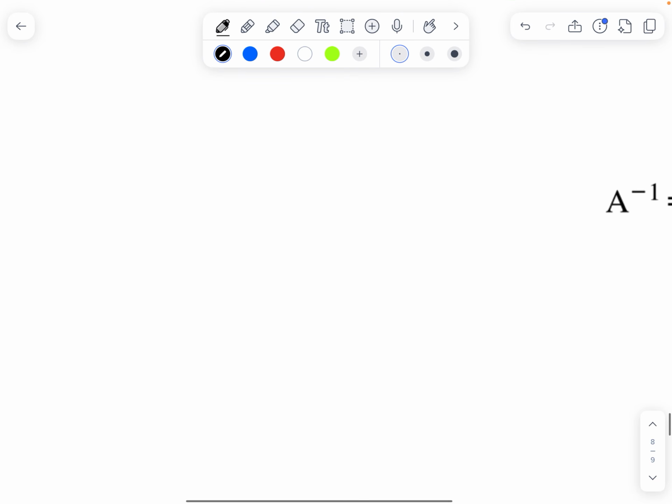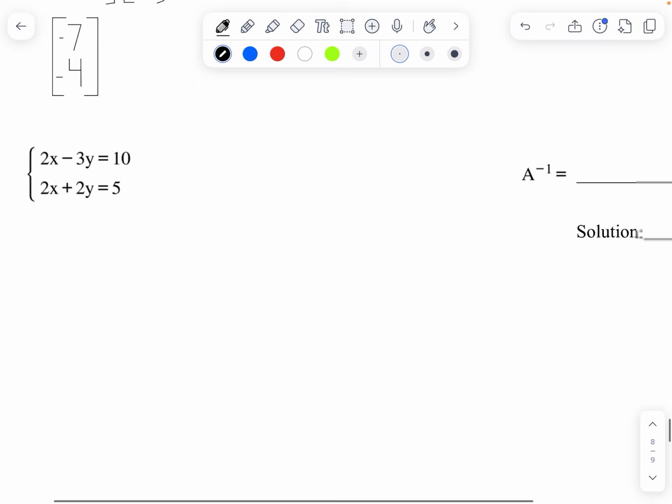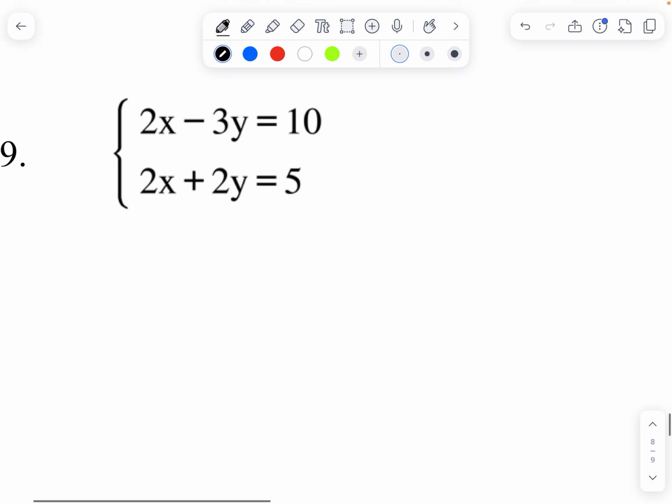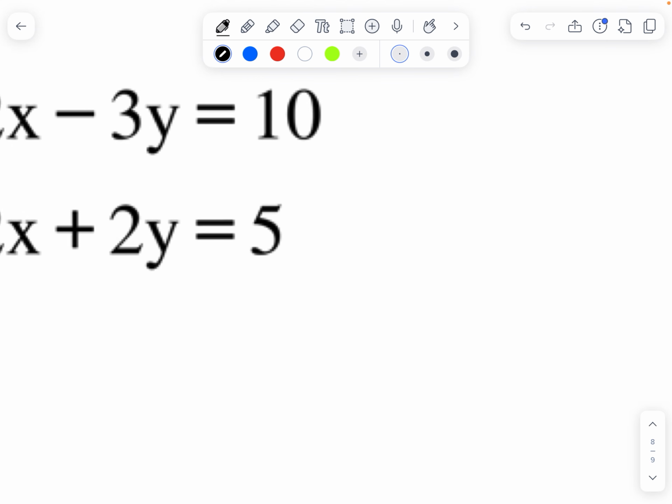Okay, for our final question. If you want to pause and do this question by yourself, you can pause right now. Okay, so first we have to convert this to a matrix.